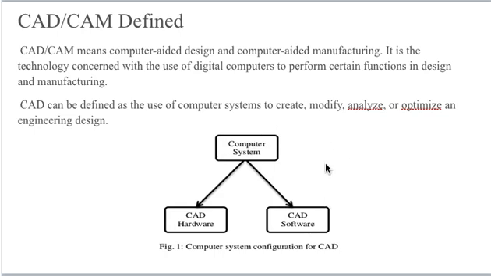The CAD hardware typically includes the computer, one or more graphical display terminals, keyboards, and other peripheral equipment. The CAD software consists of the computer programs to implement computer graphics on the system, plus application programs to facilitate the engineering functions of the user company.